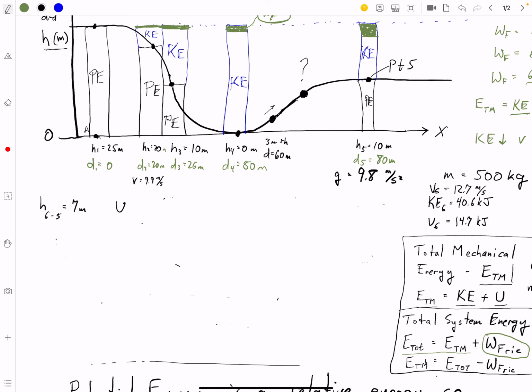U6 to 5 is equal to mgh 6 to 5, and that's 500 times 9.8 times 7 meters. U6 to 5 is 34.3 kilojoules.